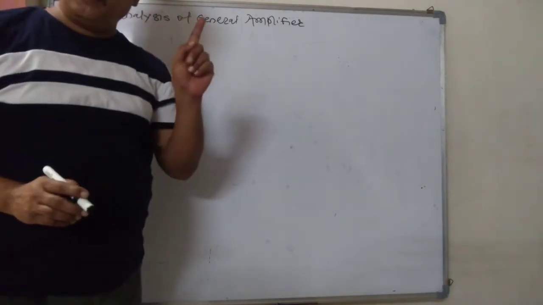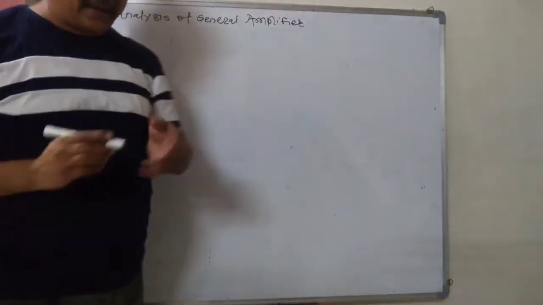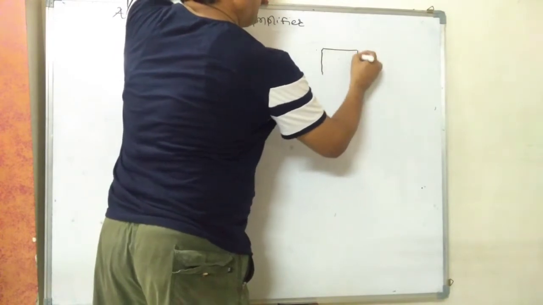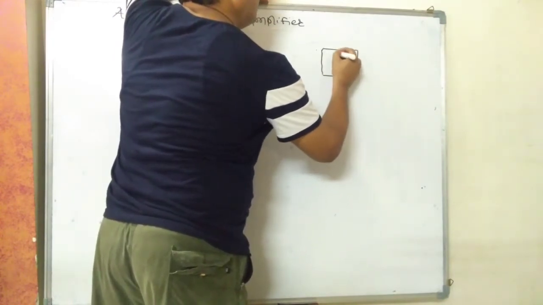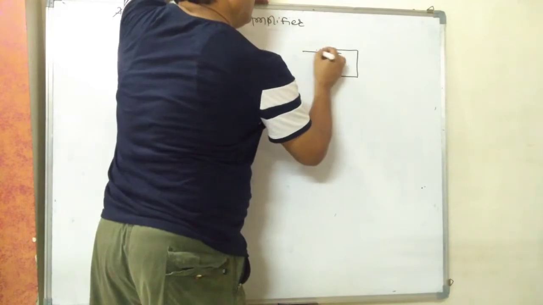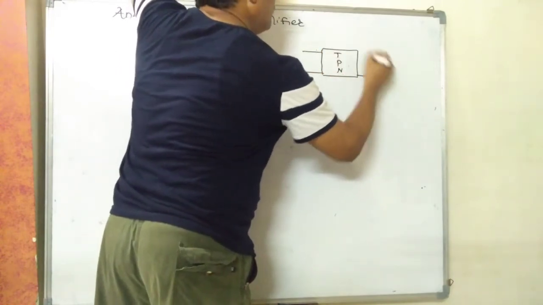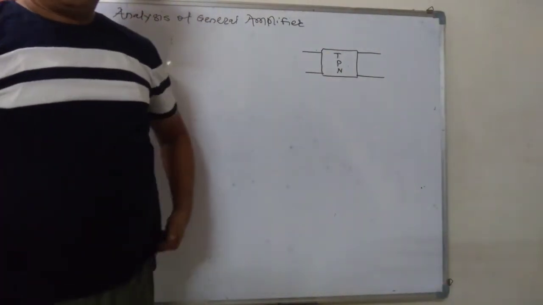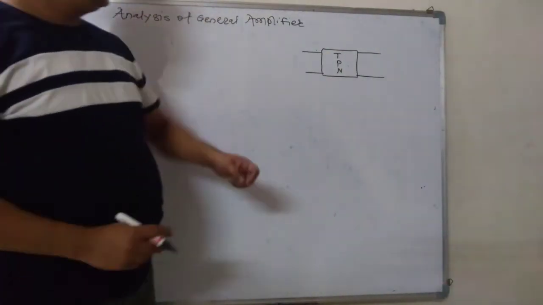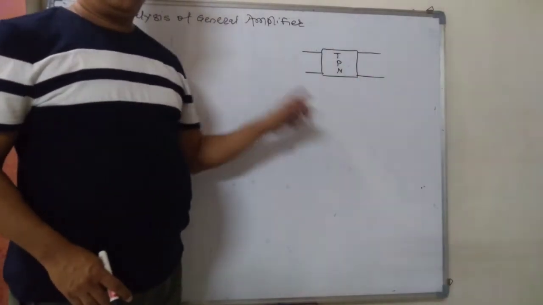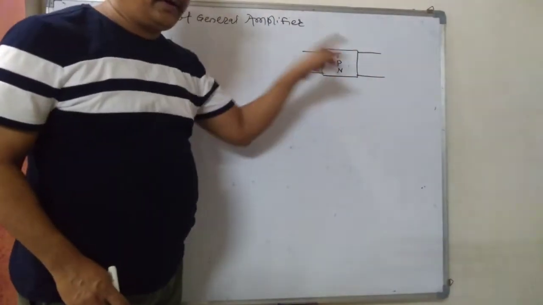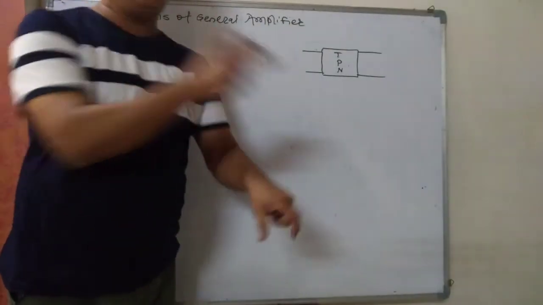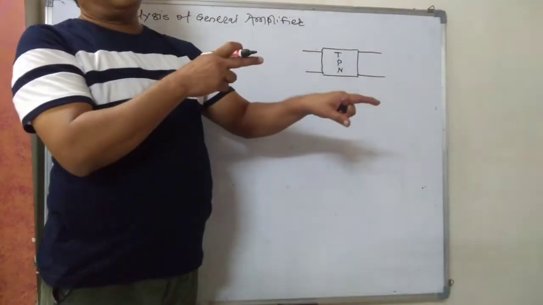We have to apply a sine wave at the input and we have to take the output across the load. In the previous lecture, this block we have studied, a 2-port network, a BJT. So using the 2-port network, we have to form an amplifier. That means we have to apply a sine wave at the input and take the output.